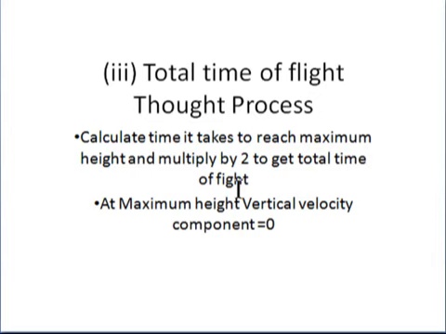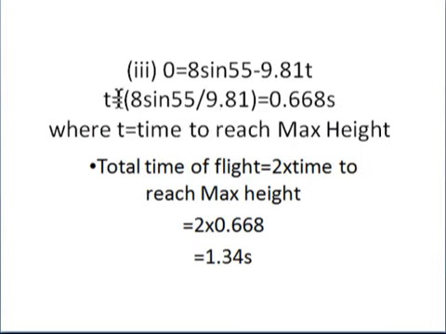At maximum height, the vertical velocity component is 0, so we can use that to get t from the equations of motion. We know that the total time of flight will be 2 multiplied by the time to reach the maximum height, which is 2 times 0.668 seconds. So the total time there will be 1.34 seconds.